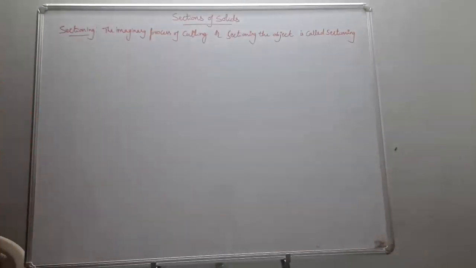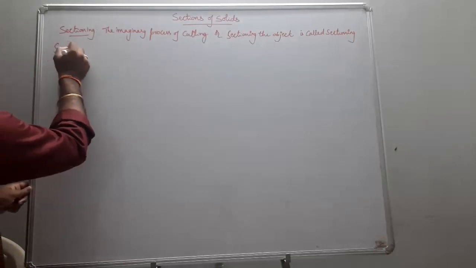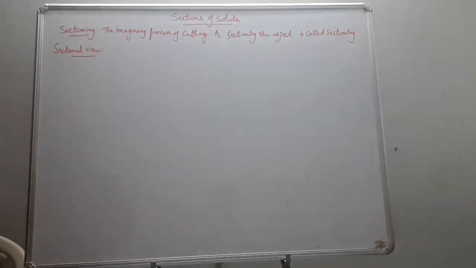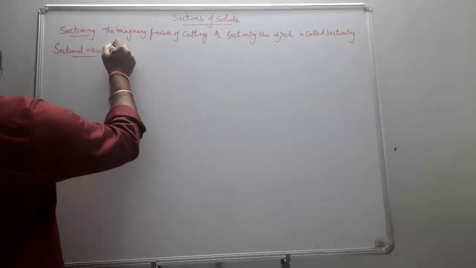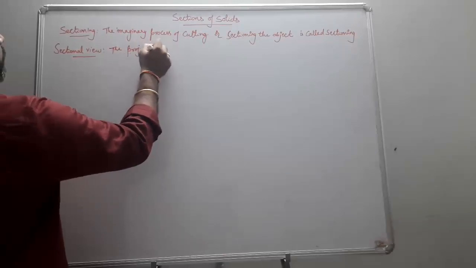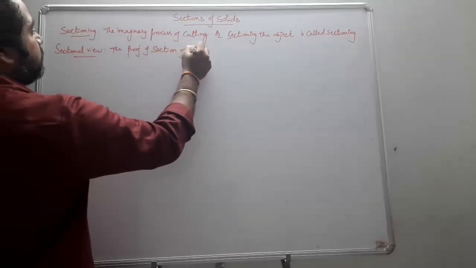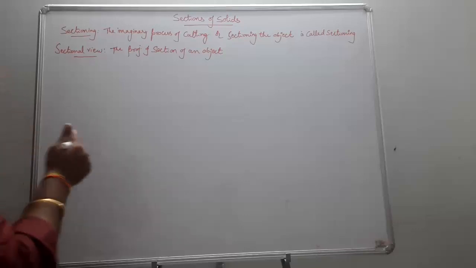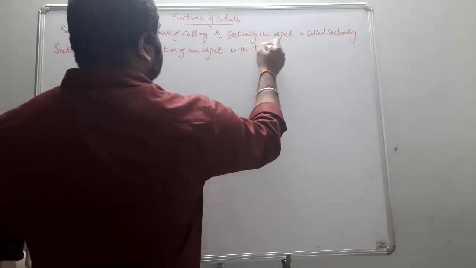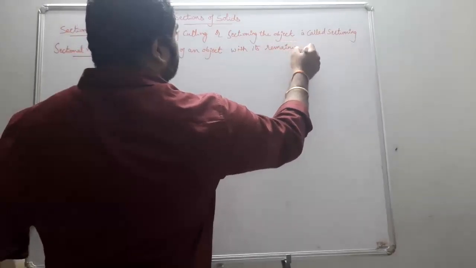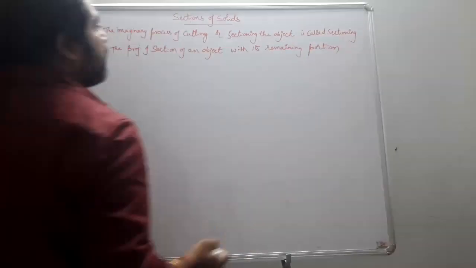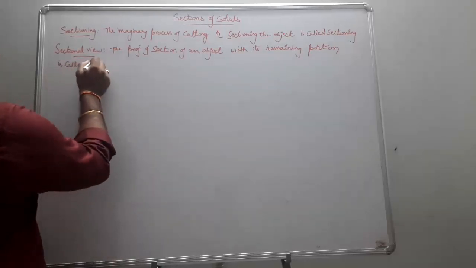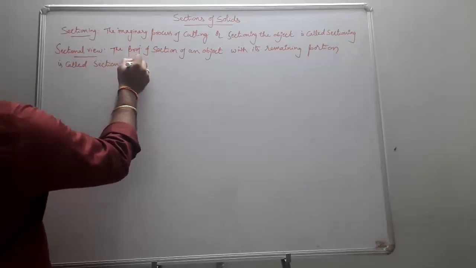Next, what is a sectional view? Write the definition for sectional view: the projection of the section of an object with its remaining portion is called the sectional view.